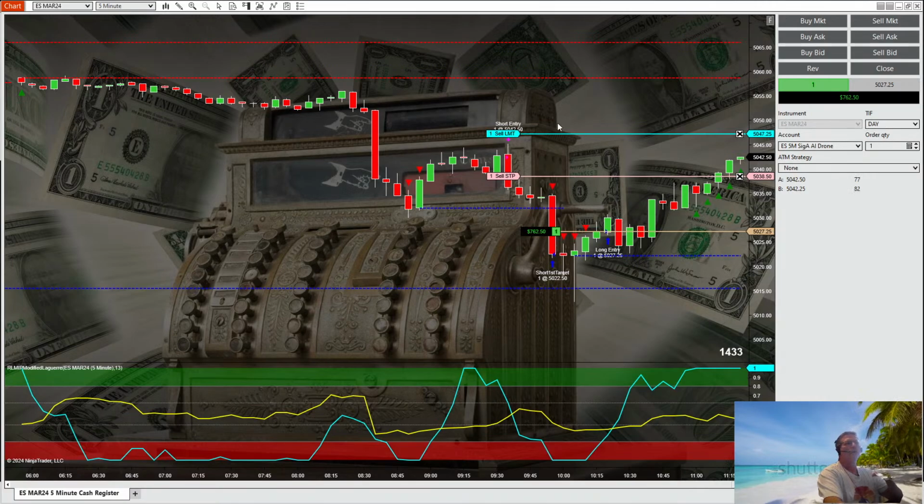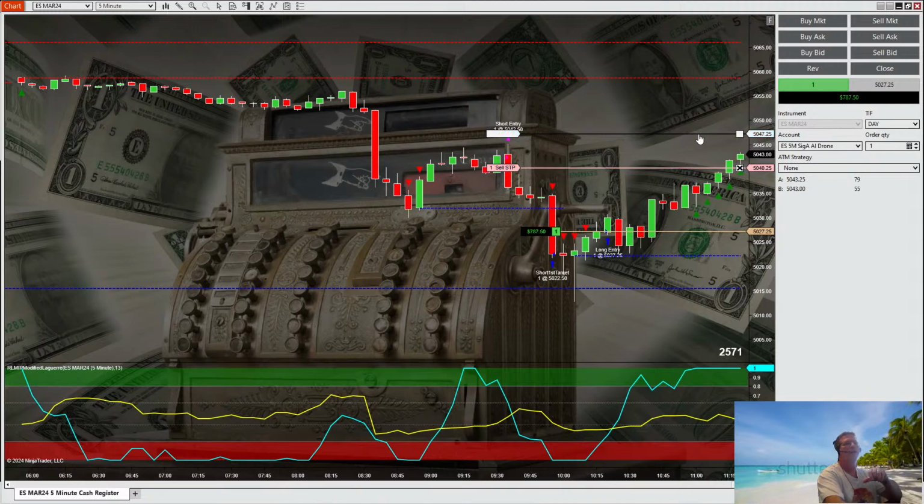And here we go. The ES has found some life here. Might be able to ride this one up a little higher.